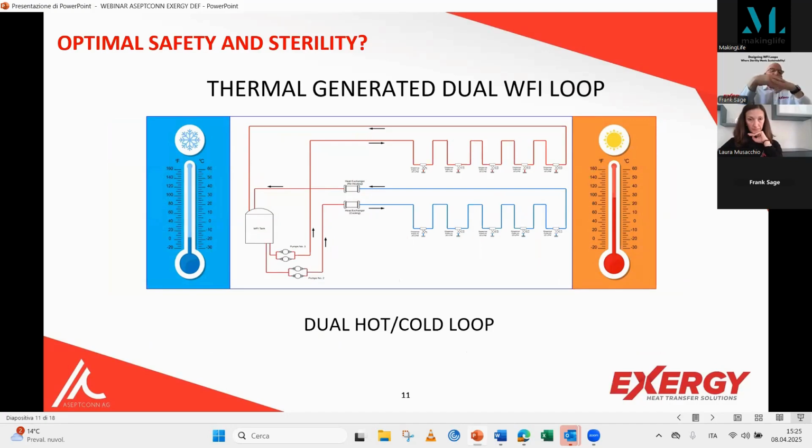So we have twice the design, twice the components, and these dual loop designs are often created to meet the need when we need hot and cold WFI. And this again involves thermally generating hot WFI and then dividing the supply and dispense into two loops.